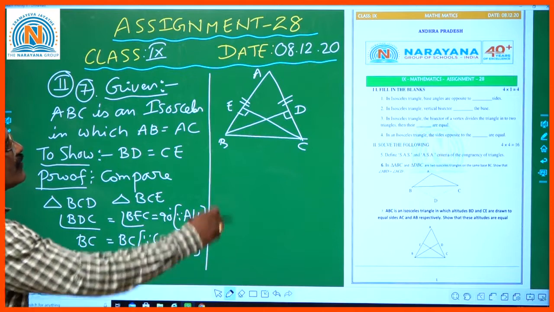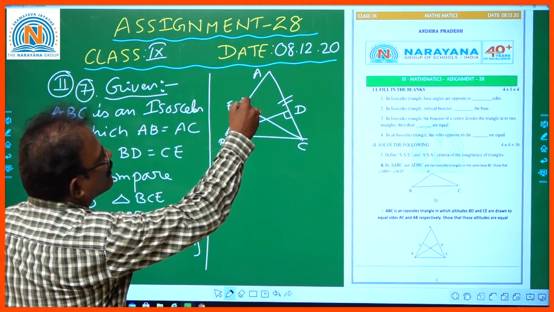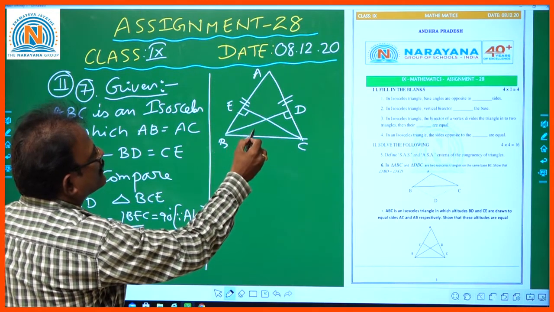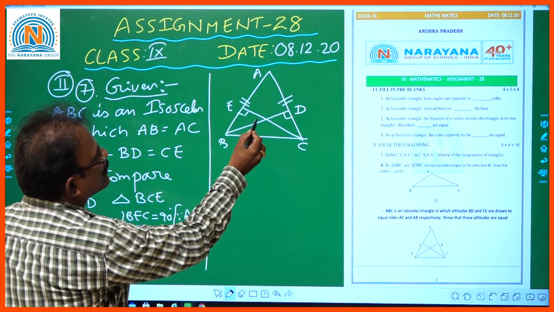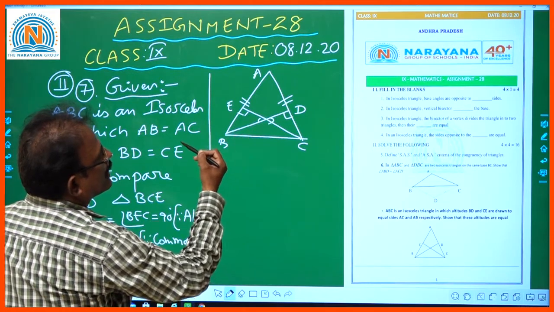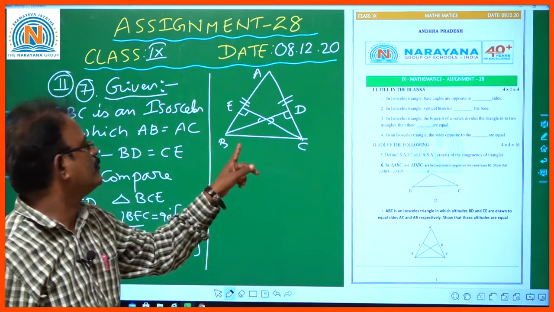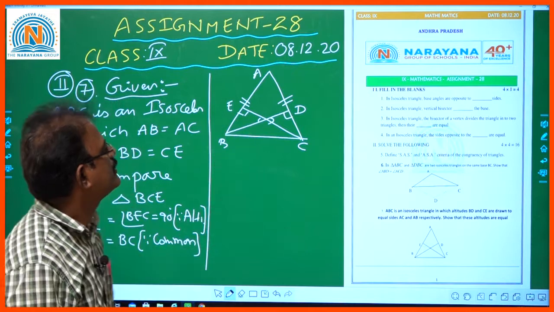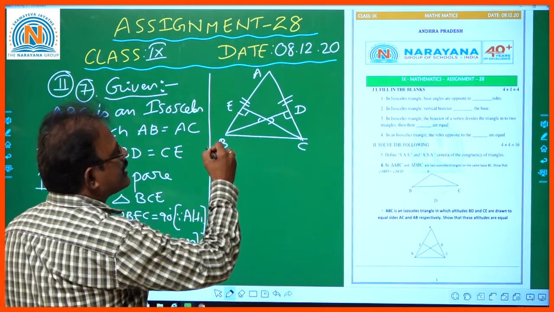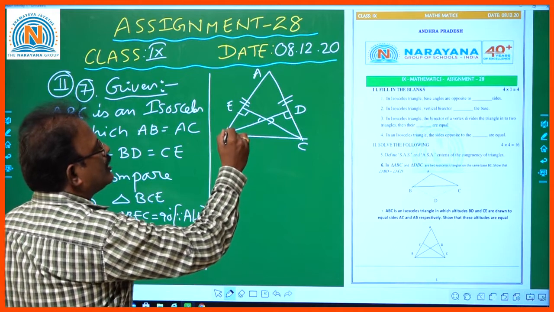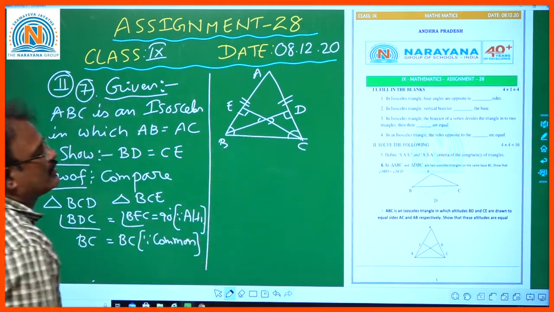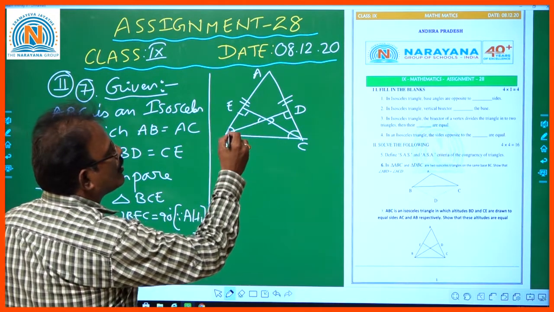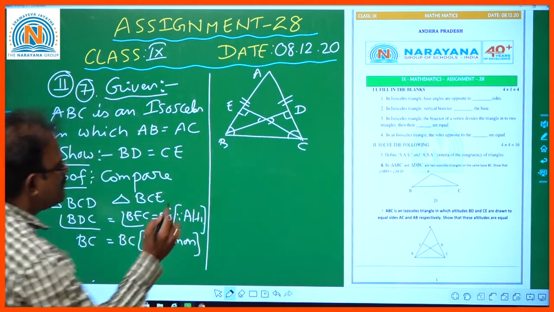Now you see the given information: drawn to equal sides AC and AB respectively, show that these altitudes are equal. Here we are comparing BCD and BCE. Actually, in an isosceles triangle, base angles are equal. So angle B is one of the angles in EBC.